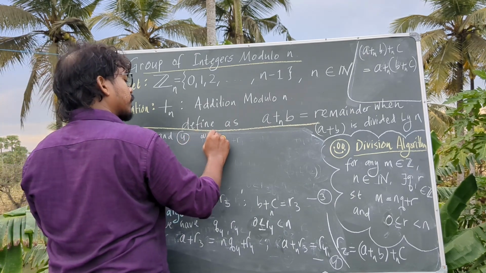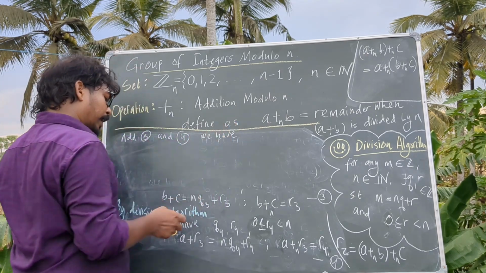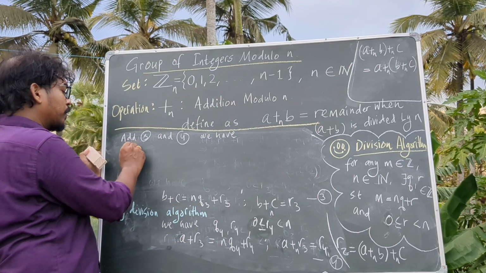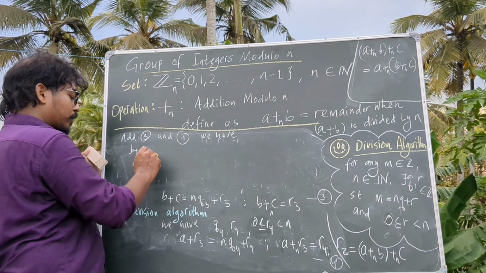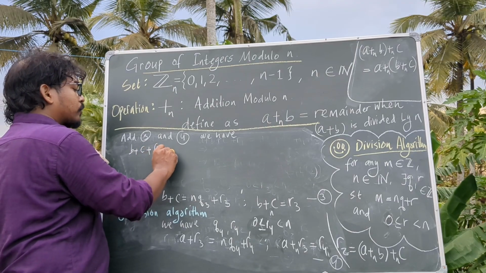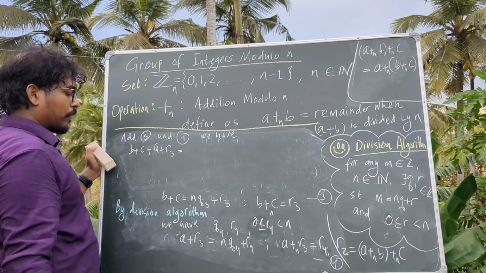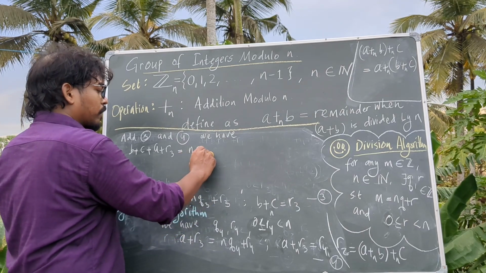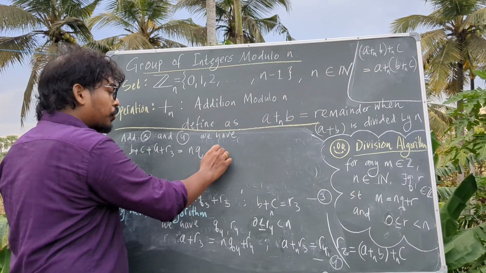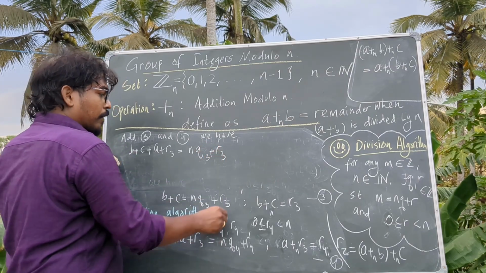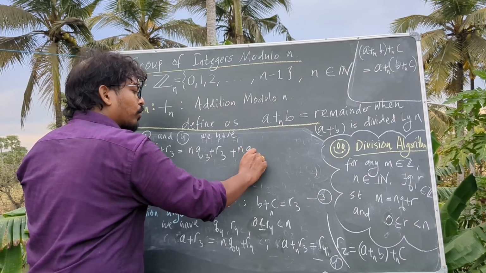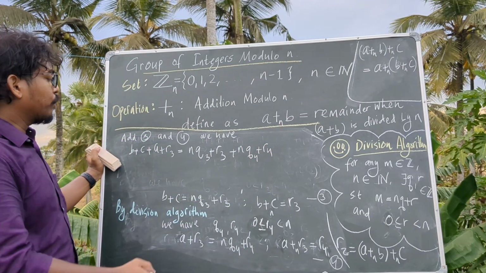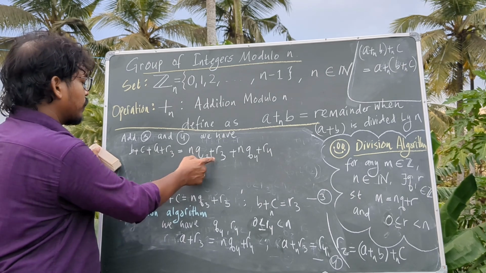We have in the left side B plus C, right side A plus R3, B plus C plus A plus R3, and in right hand side we have NQ3 plus R3, and this is NQ4 plus R4, and from both sides we can cancel R3.